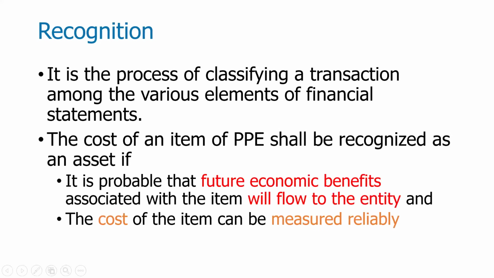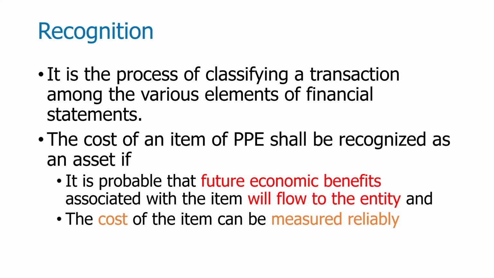So the cost of an item of PPE shall be recognized as an asset if. So now I'm giving you the conditions for recognizing an item as PPE. Under what circumstance will you recognize something as PPE on the face of the financial statement?